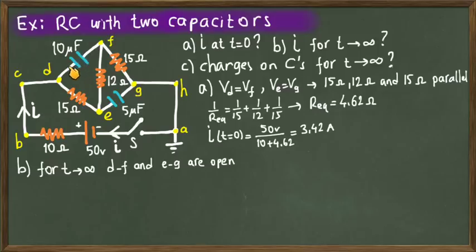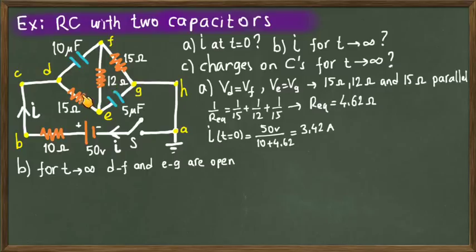The current will go from C to D, from D to E, E to F and G, and it will be the same current flowing through the main branch, and all three resistors will act like serially connected resistors. Then the next thing is to calculate the equivalent resistance of the circuit, because all resistors are serially connected.